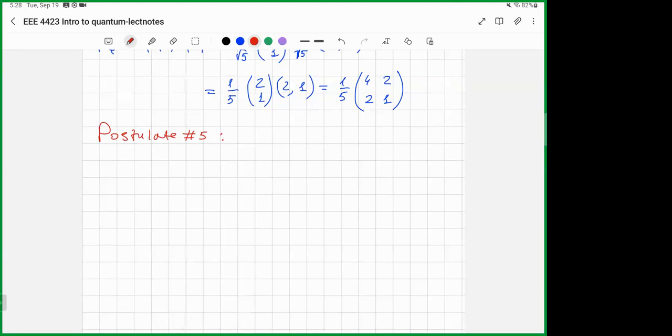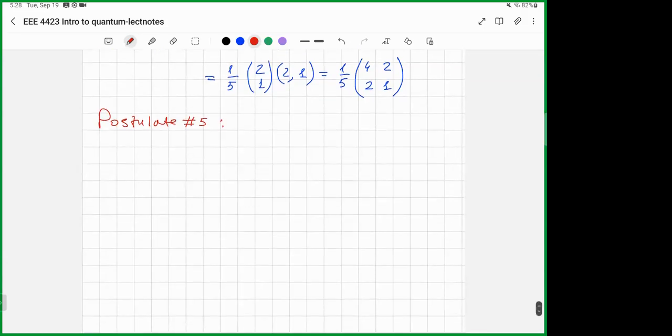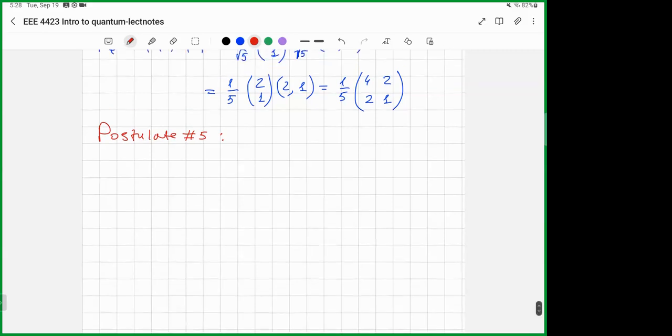So the expectation value is the value that is most expected from the experiment. And this postulate number 5 says that the expectation value of some observable for a quantum system in a particular state psi is given by the matrix element in the corresponding state.